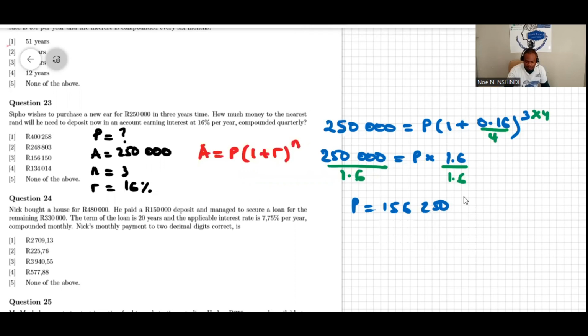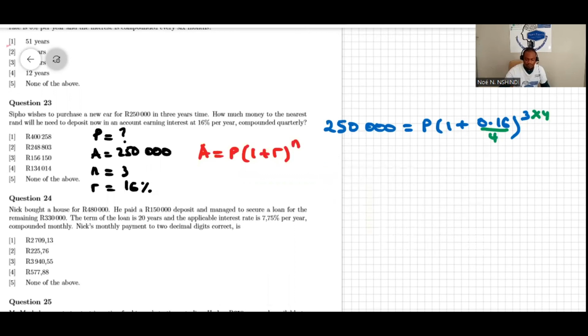Sometimes decimals matter here. Because I need the value of P, I'll say P will be equal to 250,000 divided by 1 plus 0.16 over 4, all to the power of 3 times 4.